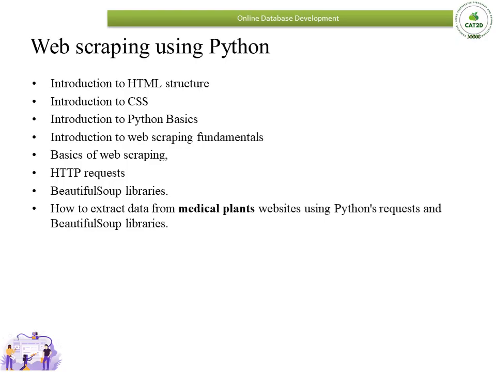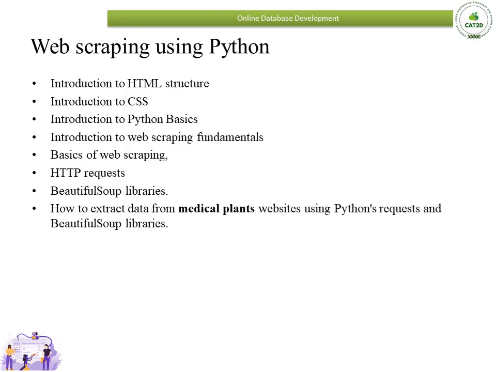These techniques, web scraping, allow for the swift collection of large volumes of data which can be utilized for research, analysis, and decision making. So, why is it important for this program, or for this short online database development? Number one, it helps in data aggregation.